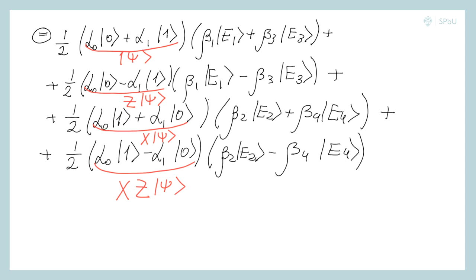So now, the result of interaction between the qubit and the channel turned out to be the superposition of 4 discrete transforms.